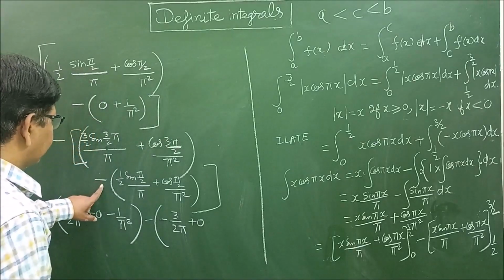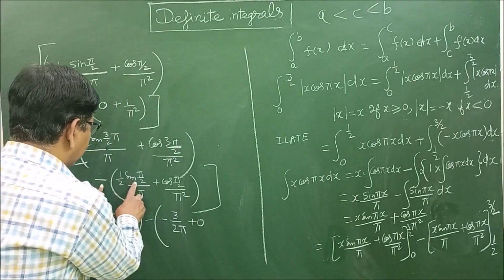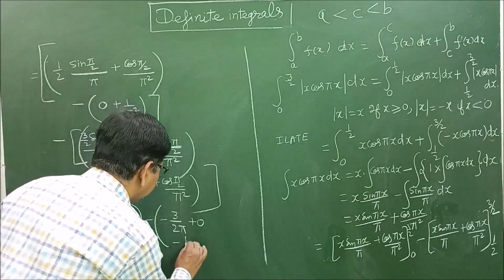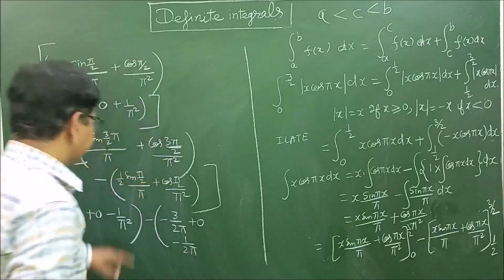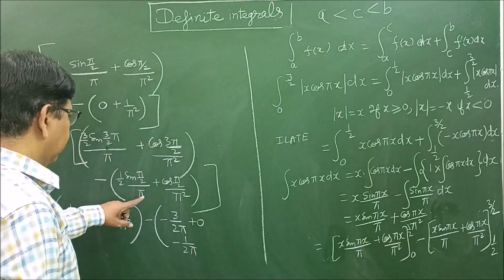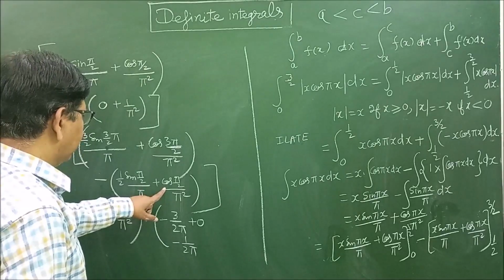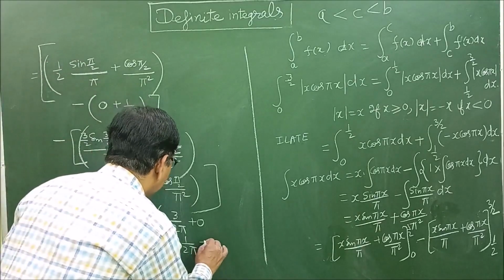Then minus sin pi by 2 is 1, so 1 upon 2 pi, and cos pi by 2 is equal to 0, so this is 0.